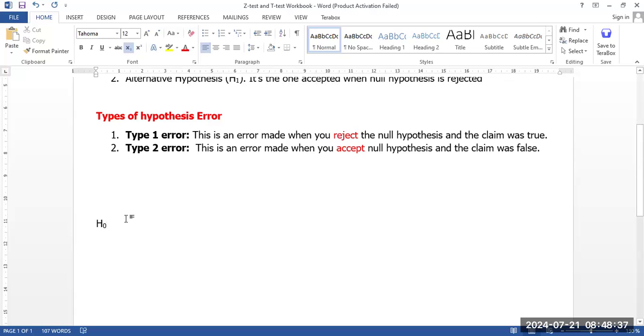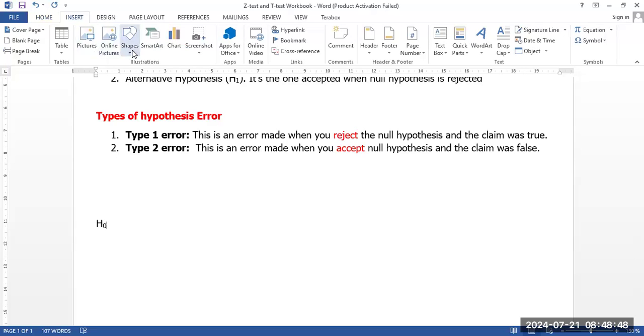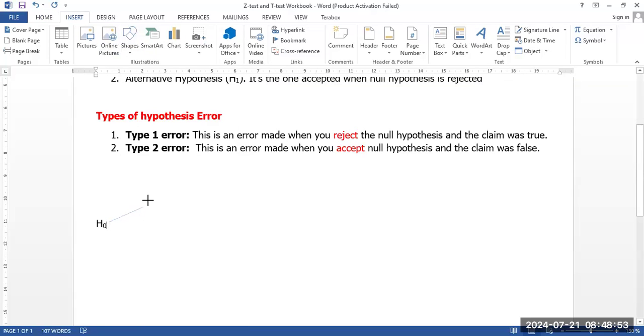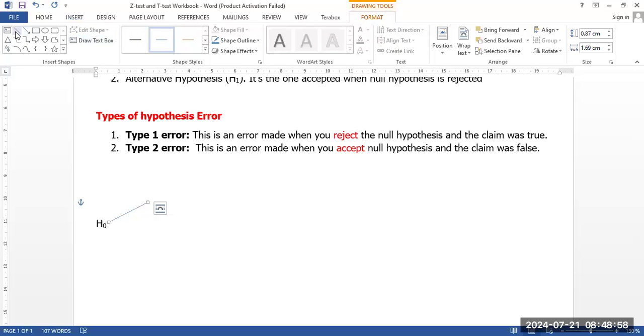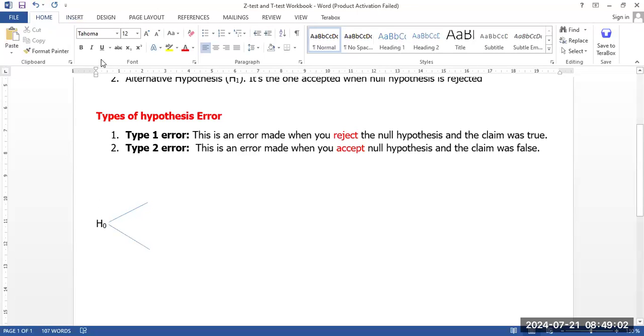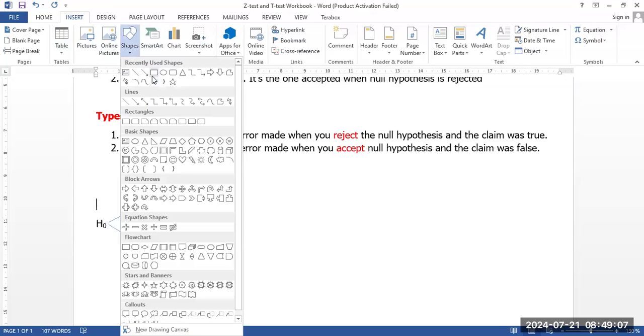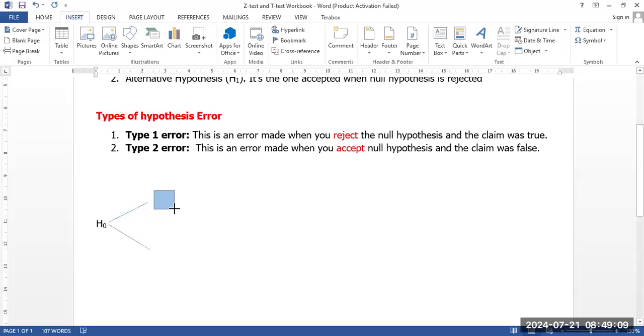And we are saying here you have two options, either to accept or to reject.